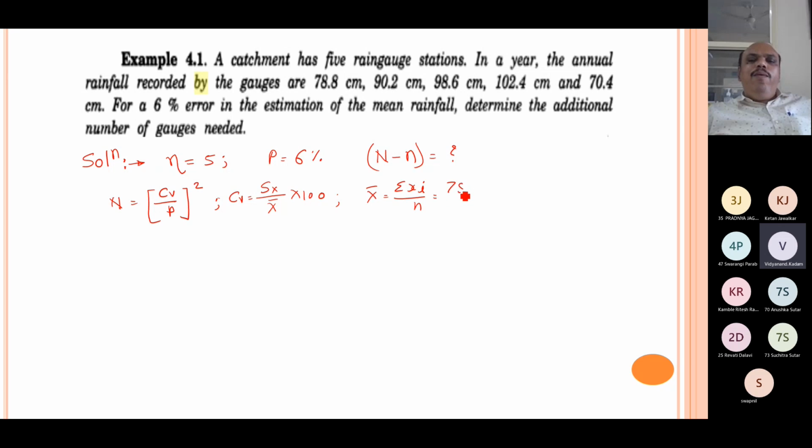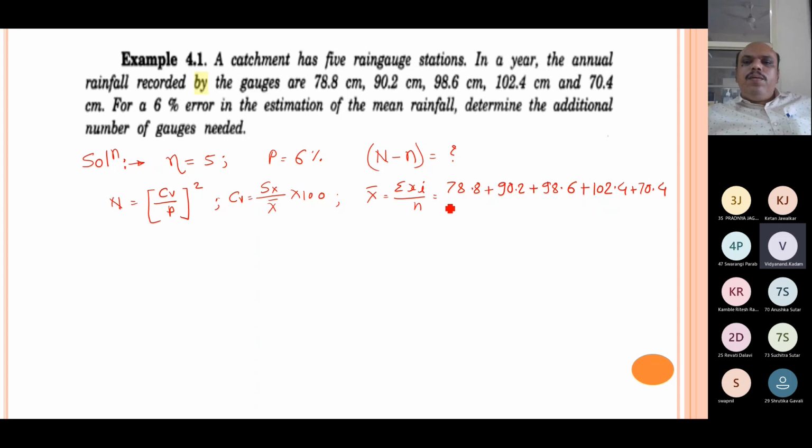It is summation of rainfall values of existing stations. There are 5 existing stations. Let us calculate their summation and divide this by n, the number of existing stations, that is 5. So this is how you calculate x bar.